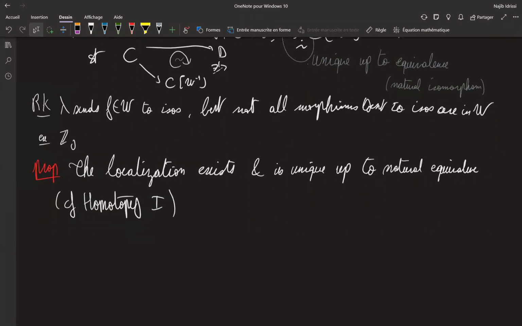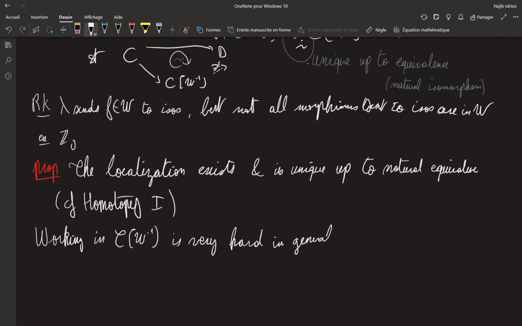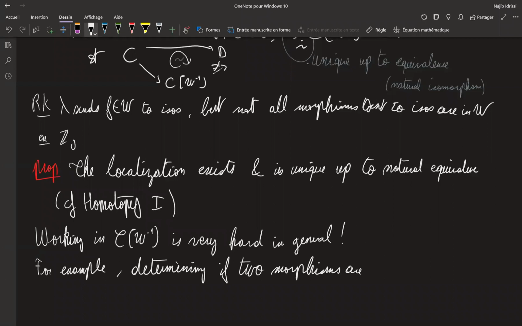And to finish, let me say that working in the localization is very hard in general. For example, determining if two morphisms are equal is hard.